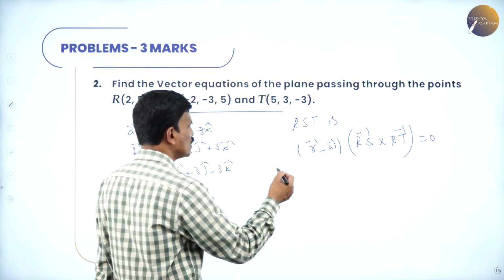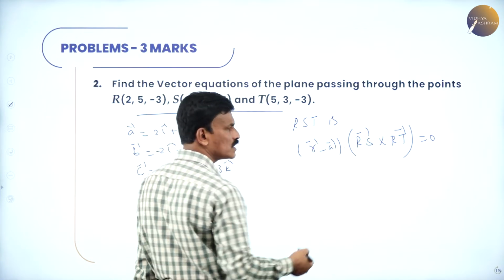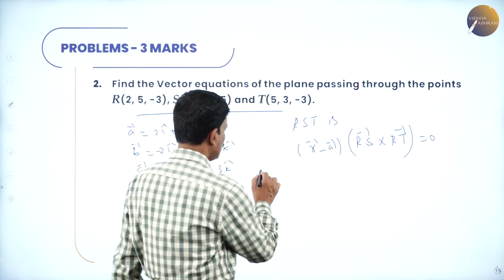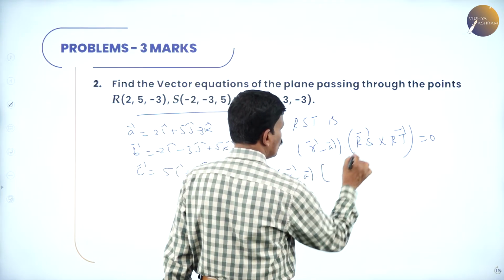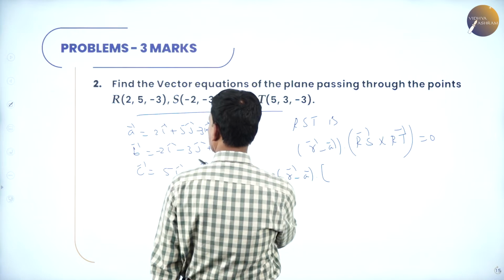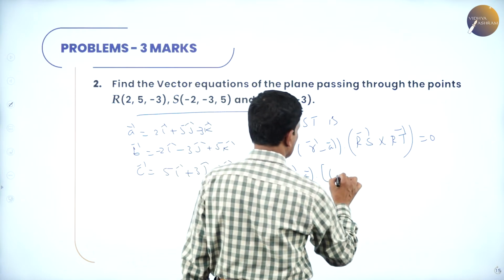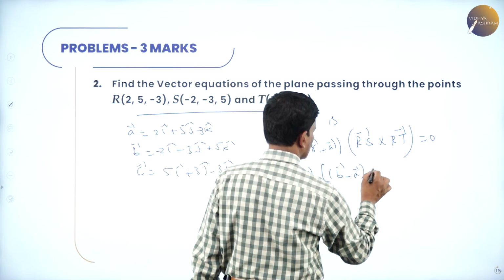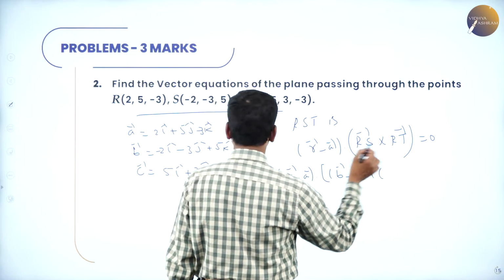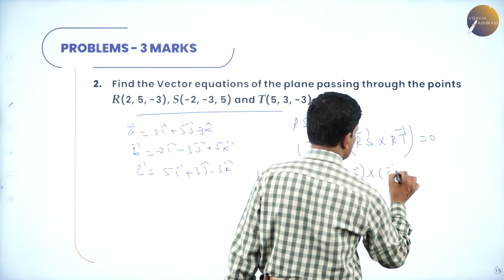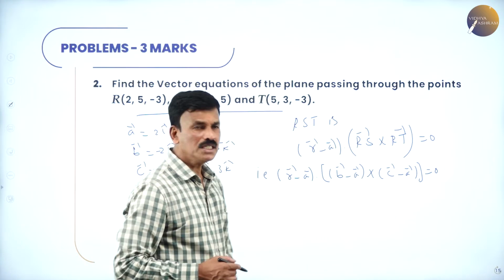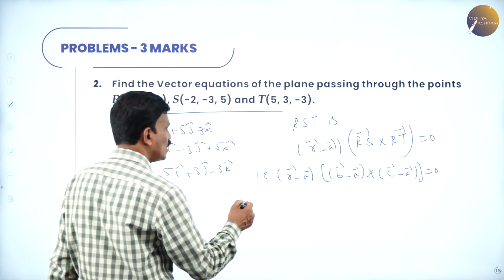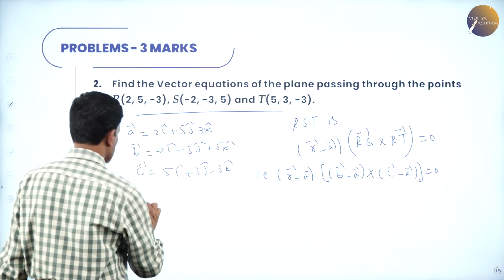Now just find out what r - a, RS and RT are. RS is vector b - vector a, and RT is vector c - vector a. So the equation is (r - a) · ((b - a) × (c - a)) = 0. Here, find the values of b - a and c - a, then their cross product.